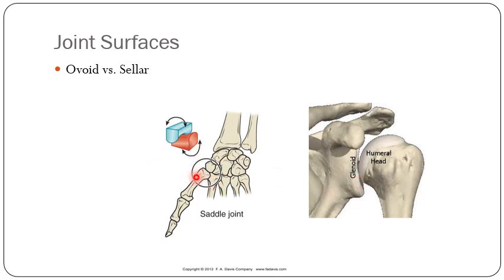A sellar joint or a saddle joint is when you have concave and convex surfaces on each side. If you look at this little picture with the blue and red surfaces, they're showing you what the saddle joint at the carpometacarpal joint of the thumb looks like.